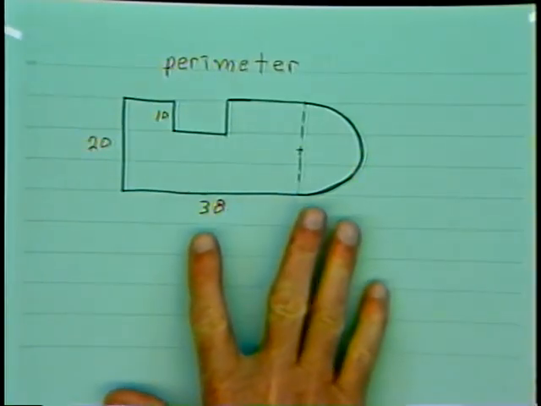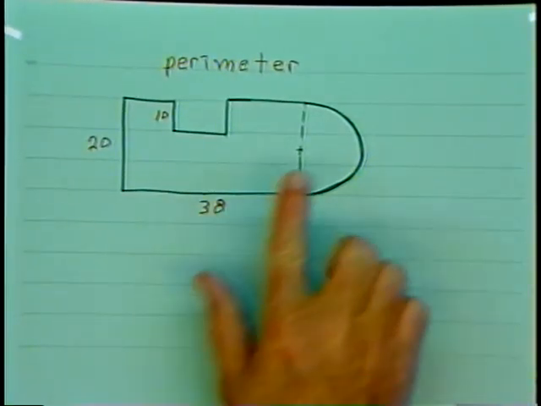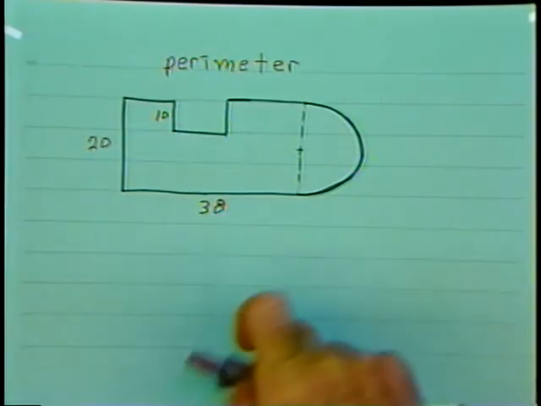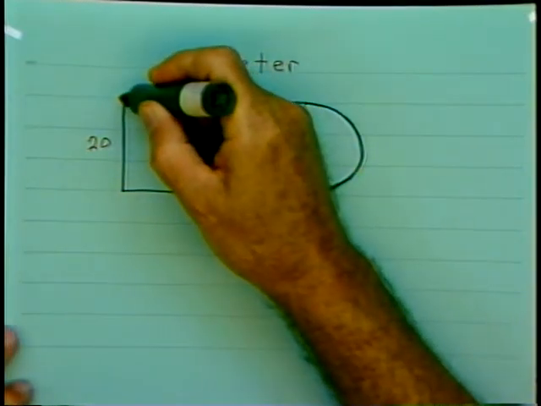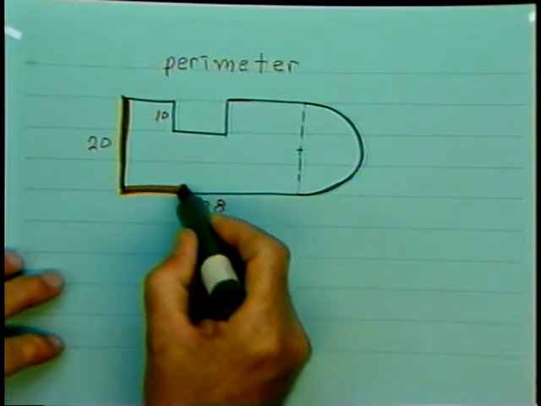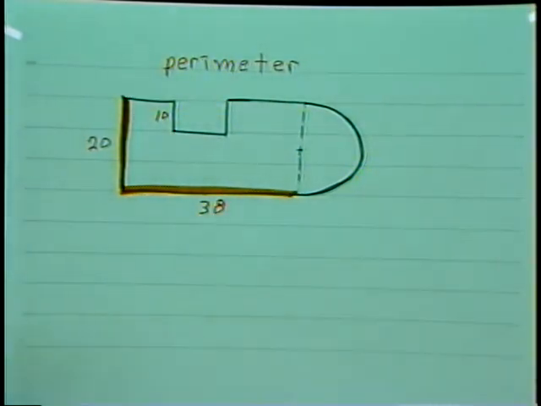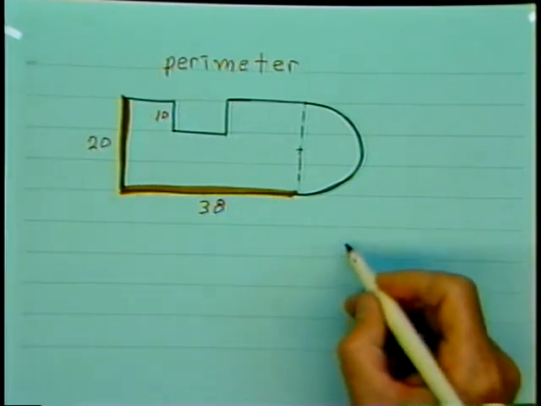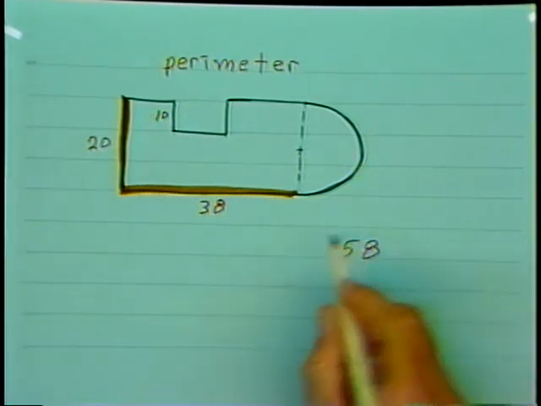And of course, many figures which are given to you seem to be incomplete in their information. But really, with a little thinking, you'll find that they aren't. First, if they want the perimeter, we can see from the obviousness of the placement of the numbers that I can add that to this, and I have 58 units of measure, whatever this is.